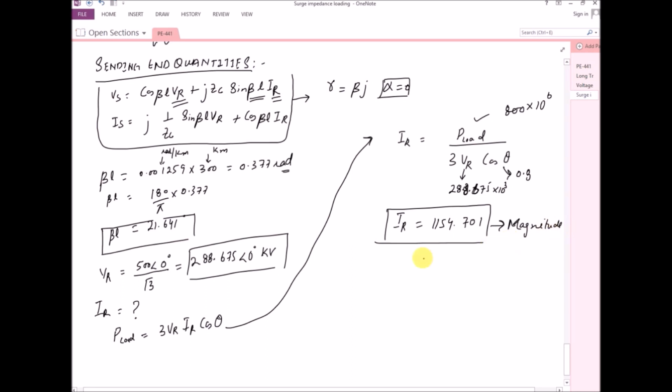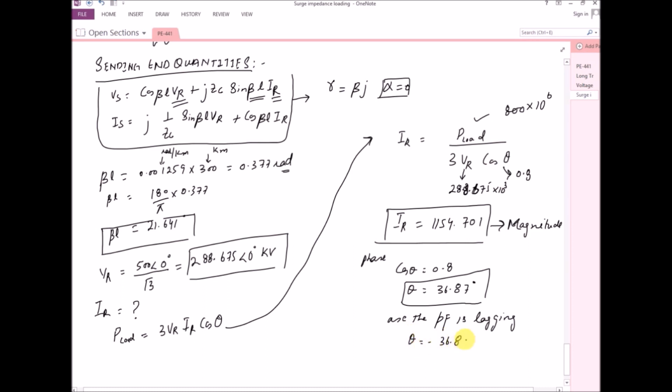We also want to find the phase. For the phase value, we know that cos theta is 0.8, so theta will be 36.87. But as the power factor is lagging, this theta will be negative for the current, minus 36.87.